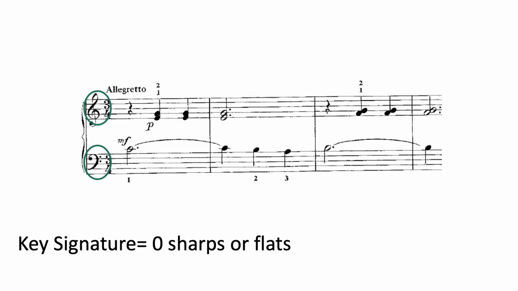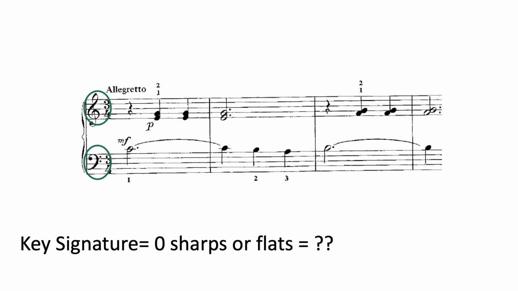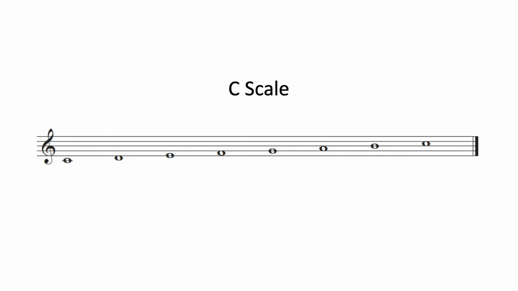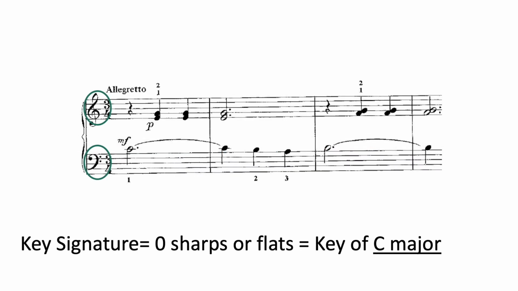What scale did we study that had no sharps or flats when we did the whole step, half step, and so on? That was the C scale. No sharps or flats in the C scale. So because there are no sharps or flats in the key signature, we can safely say that this piece of music is in the key of C major. The composer used the C major scale to compose this piece of music.